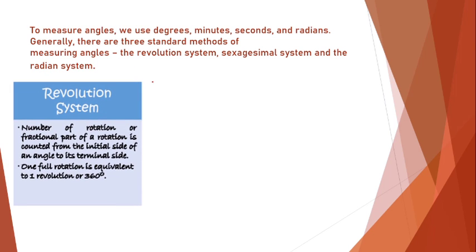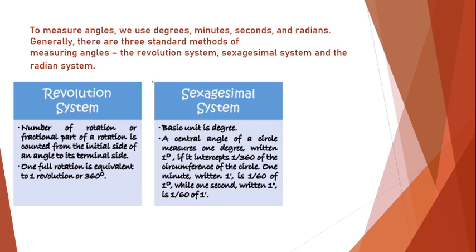In the revolution system, the number of rotations or fractional part of a rotation is counted from the initial side of an angle to its terminal side. One full rotation is equivalent to one revolution, or 360 degrees. If counterclockwise, you multiply by 360; if clockwise, you multiply by negative 360. We will explain that later in more detail.